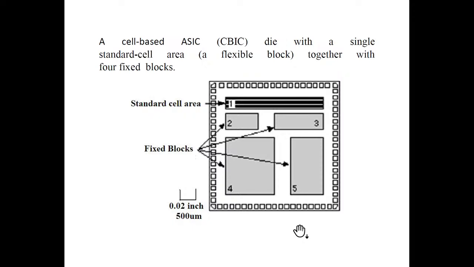When he wants to implement any cell and use it in this block, first he calls that particular cell from the cell library, and by using a combination of various similar types of cells, he implements a fixed block.